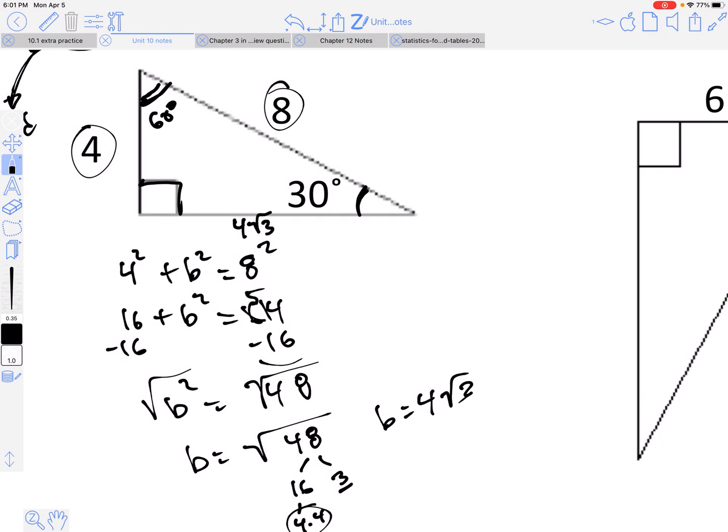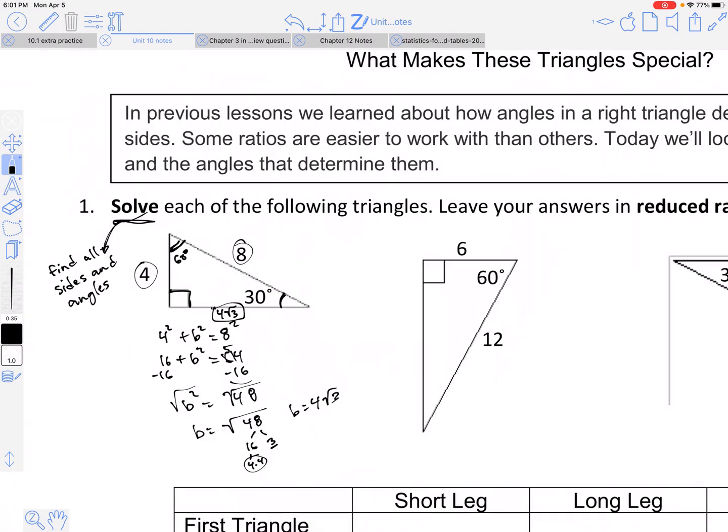The reason I used the Pythagorean theorem is because it said to leave it in reduced radical form. If I would have set up sine of 30 degrees equals, oh, not sine. Why would I want to do sine, right? If I would have done tangent of 30 degrees, then I could do opposite over adjacent.